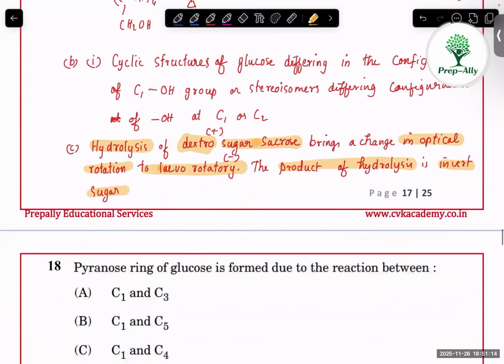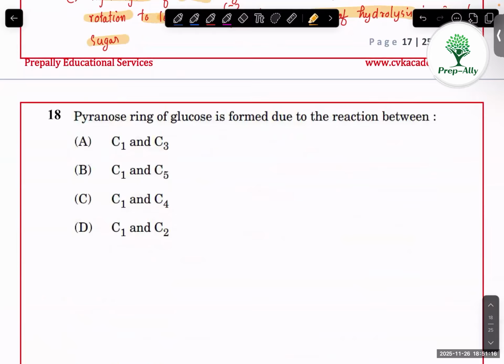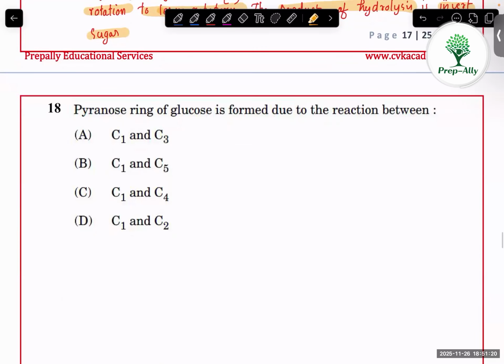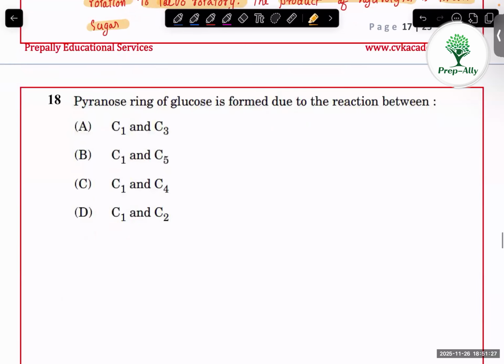All right. So next question, the 18th question: pyranose ring of glucose is formed due to the reaction between C1 and C5. This I have already shown you in that particular diagram. CHO, CHOH four times, CH2OH.